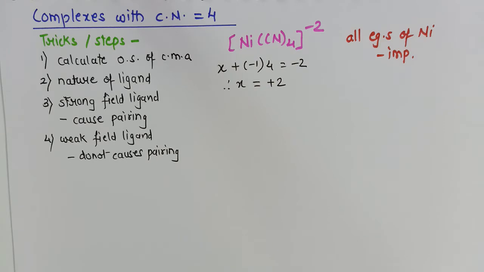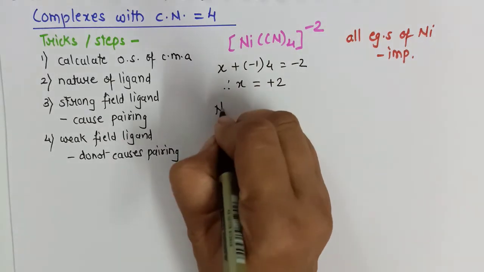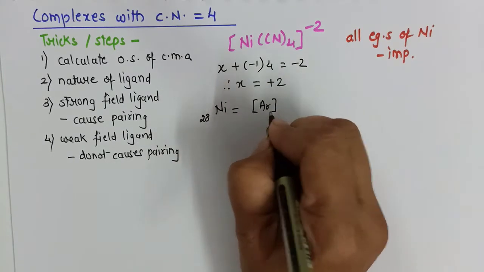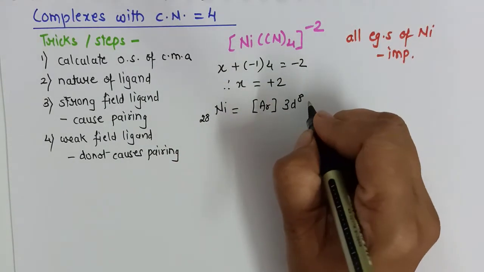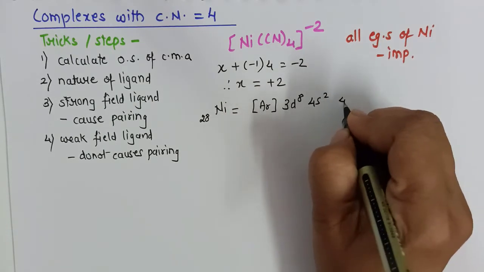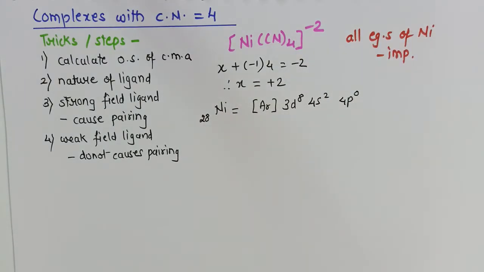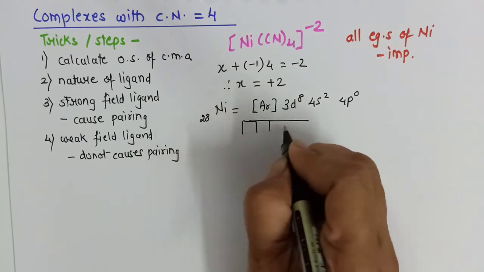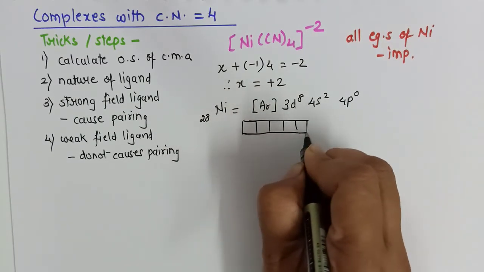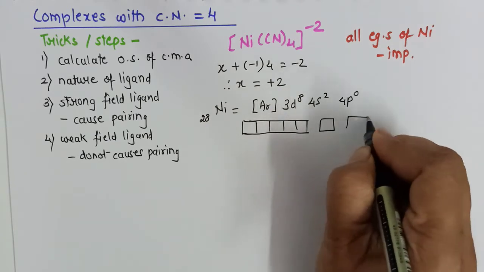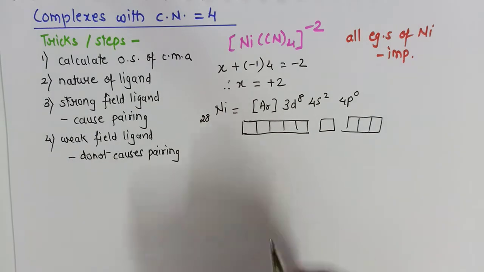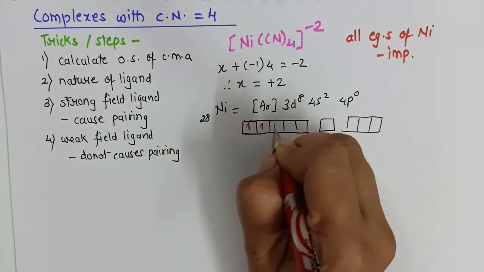Now what is the configuration of nickel in the ground state? Nickel with atomic number 28, configuration is argon 3d8, 4s2, and 4p is lying vacant. If I want to show its orbital representation, 3d8, 4s2, 4p is lying vacant.